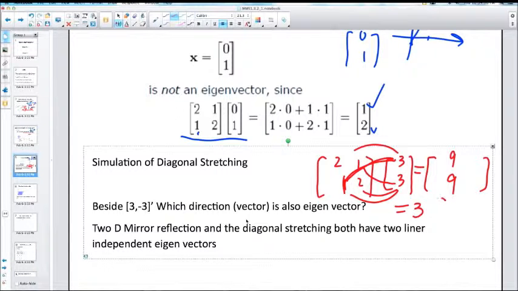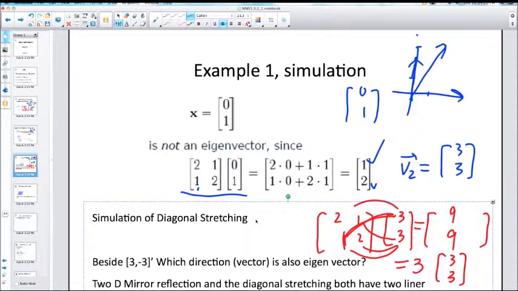If I take out 3, that will be 3 times of the original vector v. Let this v2 equal 3, 3, which is at the diagonal direction. See, on this diagonal direction, it is just stretched 3 times longer.